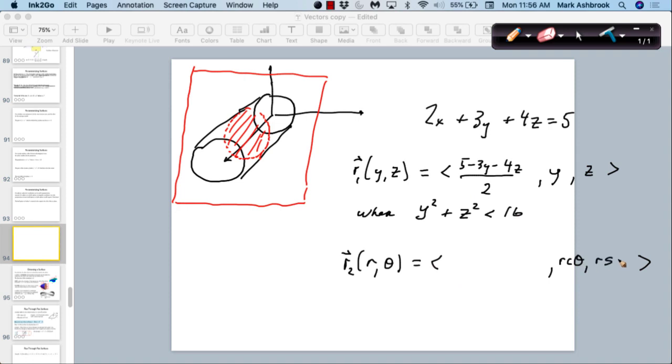Z would be r sine theta, and then x is 5 minus 3 (y) minus 4 (z) all over 2. And now, what's the restriction? R is less than 4, because that's what it means to be inside that disk of radius 4.